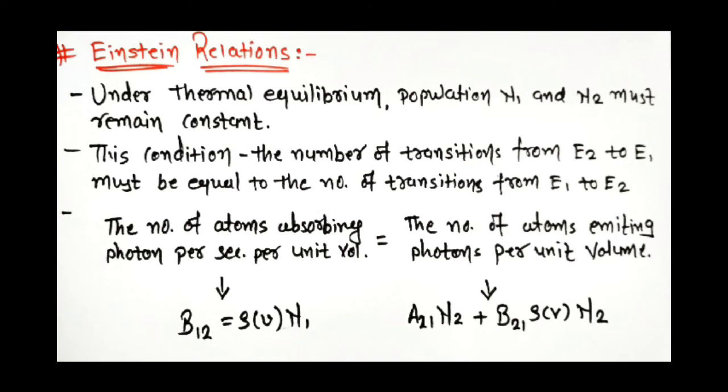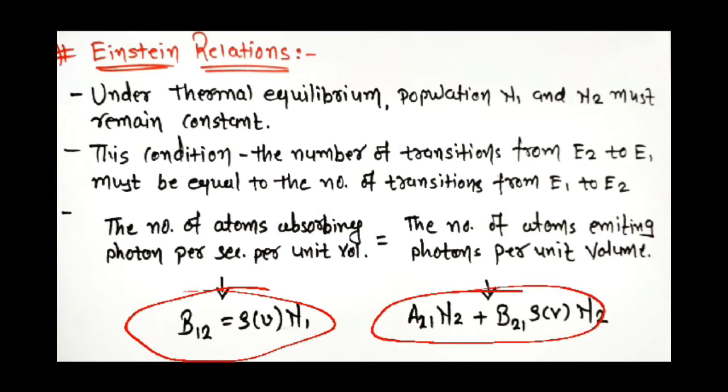The number of atoms absorbing photons per second per unit volume is equal to B12 rho into N1, and the number of atoms emitting photons per second per unit volume is equal to A21 N2 plus B21 rho into N2.